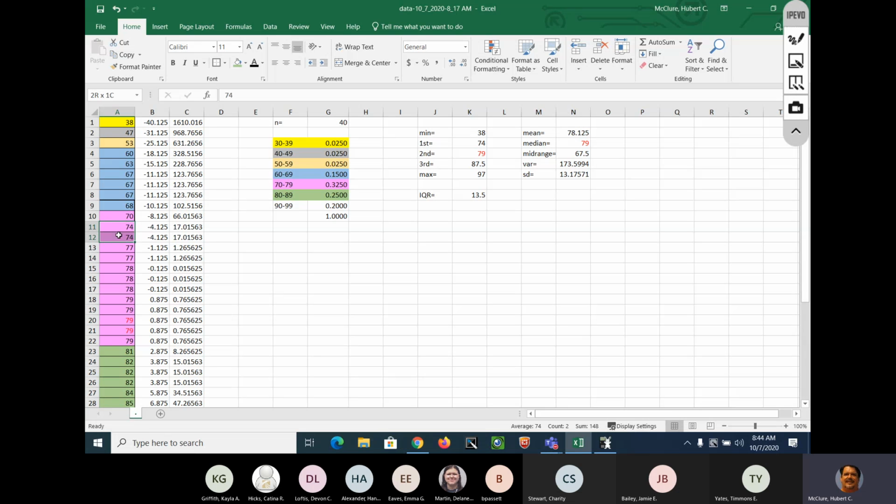If I highlight these two, 1, 2, 3, 4, 5, 6, 7. For some reason, I'm not getting the right numbers. 1, 2, 3, 4, 5, 6, 7, 8, 9. So if I highlight these two, 1, 2, 3, 4, 5, 6, 7, 8. Bingo. There's the two numbers I should have.